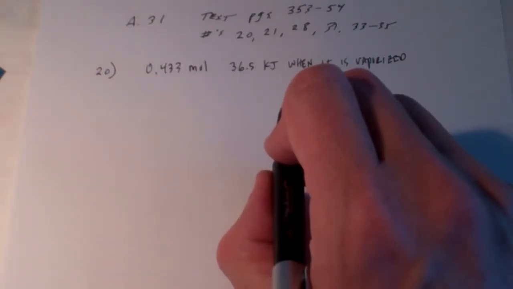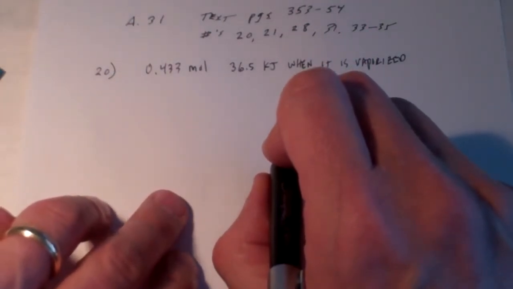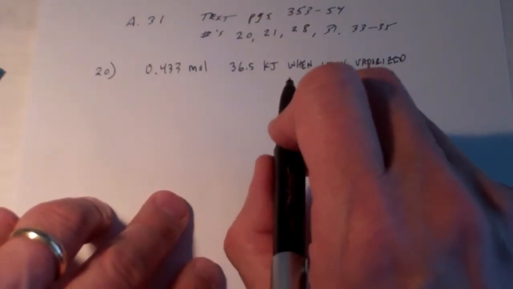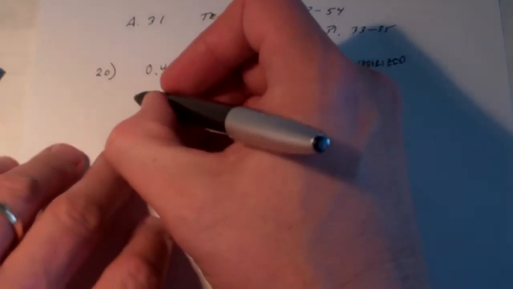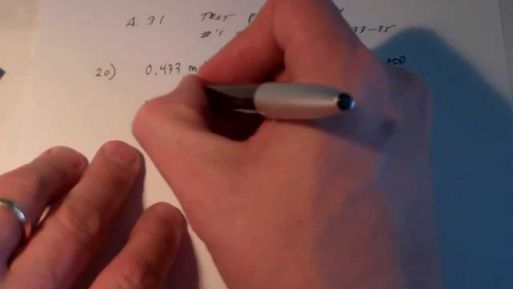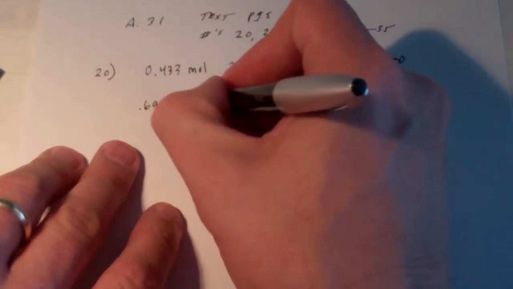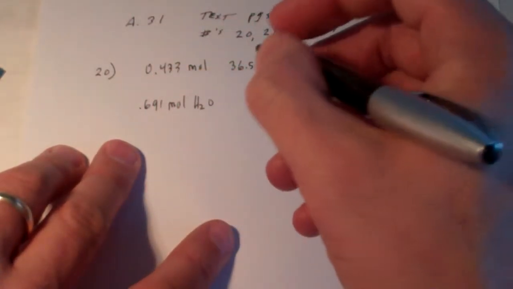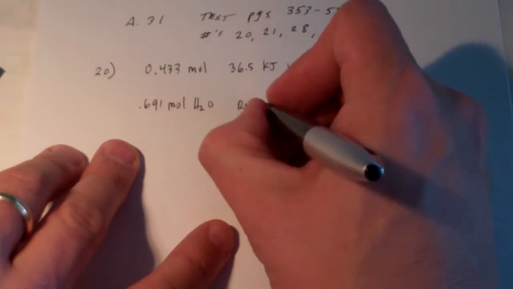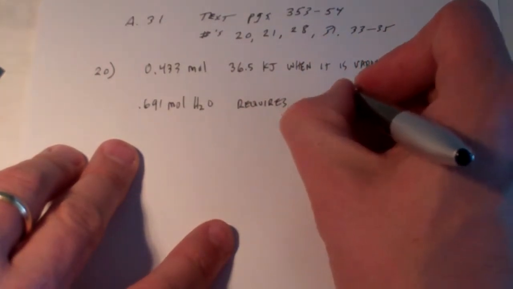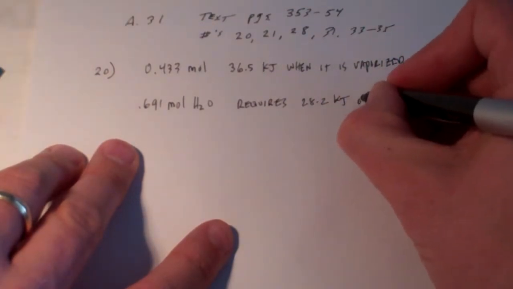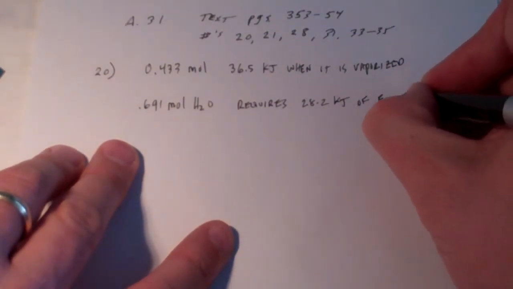So I am going to find the molar heat of vaporization for a different substance. I am going to do it for water. Let's say that 0.691 moles of water at its boiling point requires 28.2 kilojoules of energy to vaporize it.